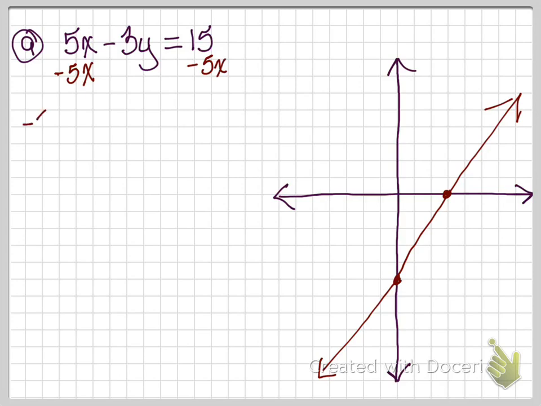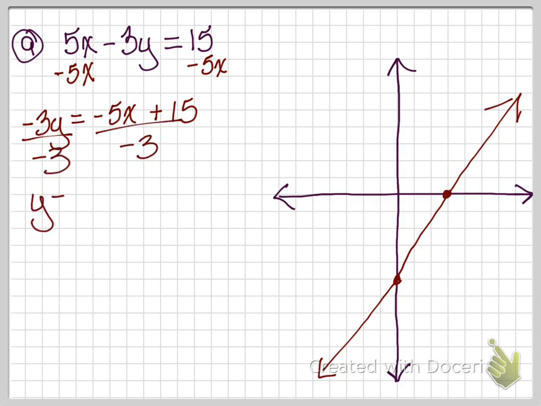Okay, so I'm left with negative 3y equals negative 5x plus 15. Then I am going to divide everything by negative 3. So I have y equals positive 5 over 3x. And that is because we have a negative over a negative. And then 15 divided by negative 3 is negative 5.